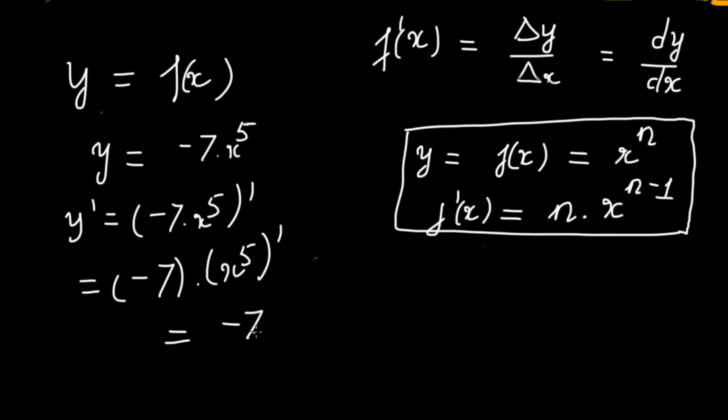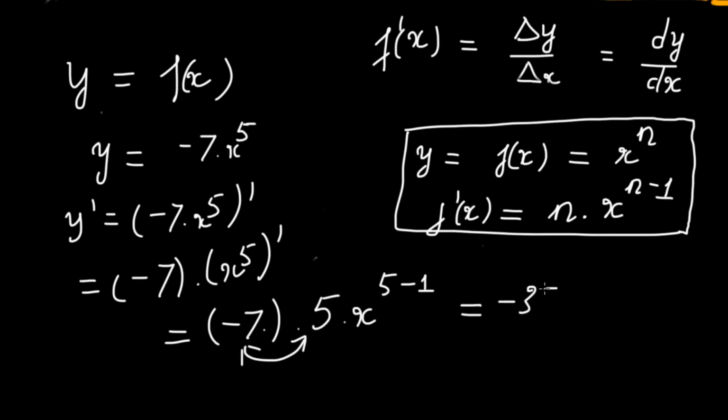We put minus 7 here. Right here you can see n equal 5, right? We put 5 down, and then x raised to the power of n minus 1, which is 5 minus 1. You can see minus 7 times 5, you got minus 35, times x to the power of 5 minus 1 is 4. You put it here, and this is the answer.